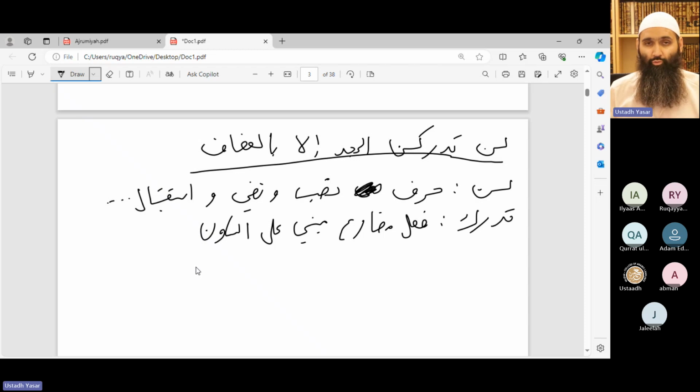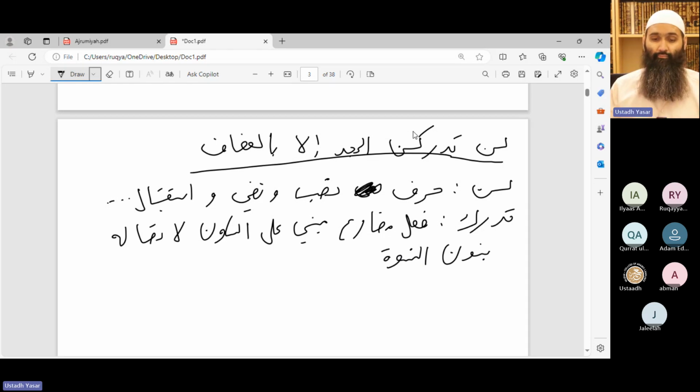Why is it mabniyun ala sukun? Littisalihi bi nun niswa. Because it is attached to nun niswa. So tudrikna fi'lun mudari'un mabniyun ala sukun littisali bi nun niswa.